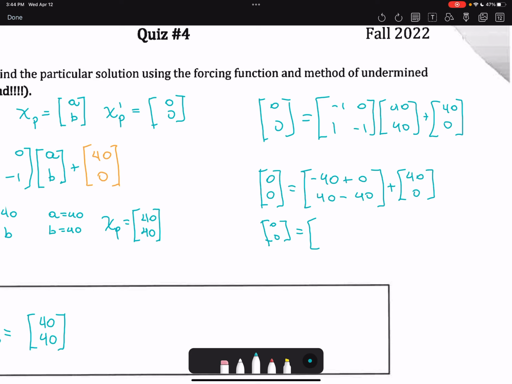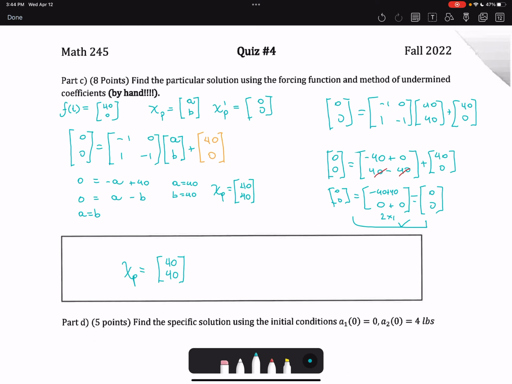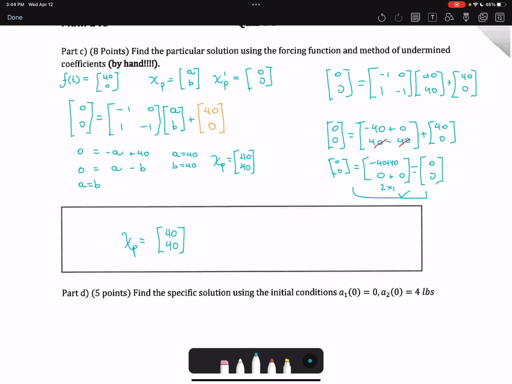Well, we're going to have 0, 0, because these two become 0. And here we're going to have -40 plus 40. And this is going to be a 2 by 1, so don't get confused there. Because we also need the size to be the same. So we get 0, 0. And that is an identity, so that checks out. And so we're sure that this is our solution.